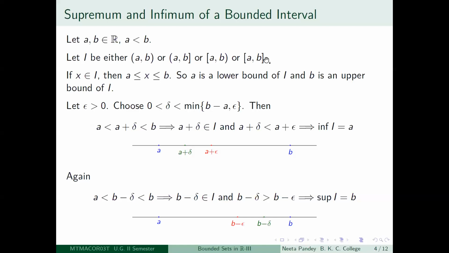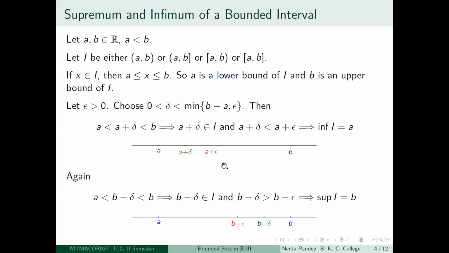I has these four choices: the open interval (a, b), or this one, or this one, or the closed interval [a, b]. In any case, since there are infinitely many real numbers between a and a plus epsilon, all these numbers will be less than a plus epsilon.